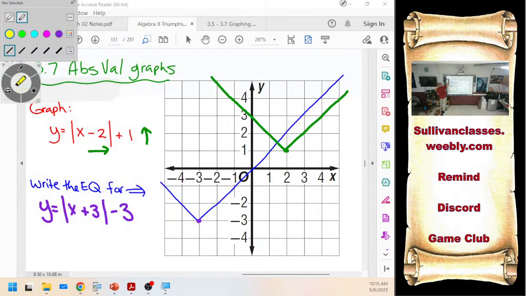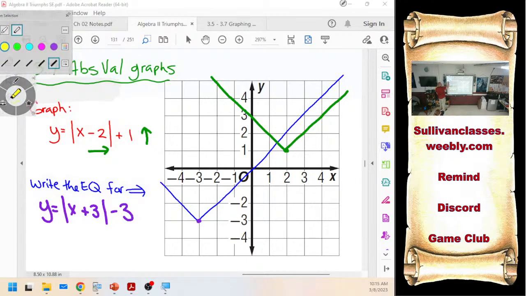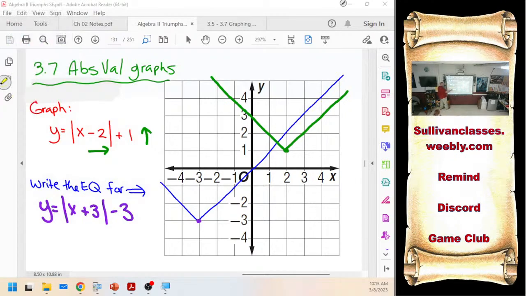I'm looking for, did you get the right values for inside and outside? Got your signs taken care of? Did you actually move that graph right 2 and up 1? And did you have the correct slope to it?